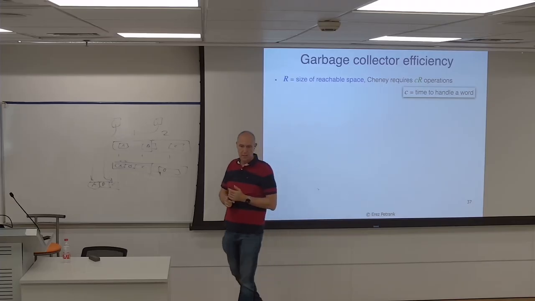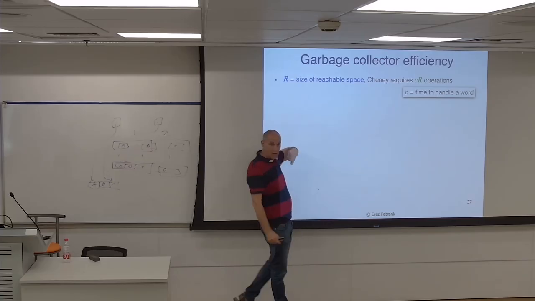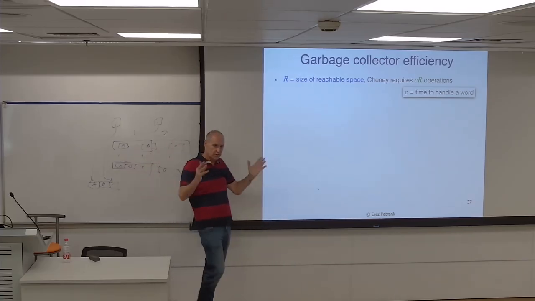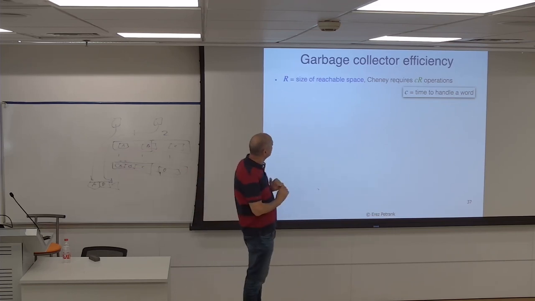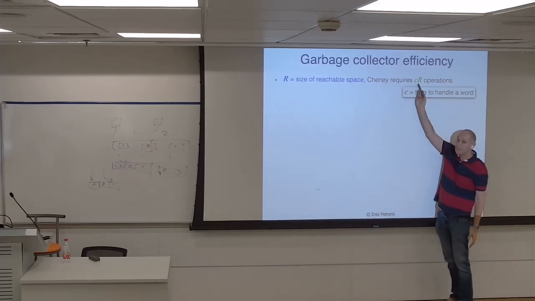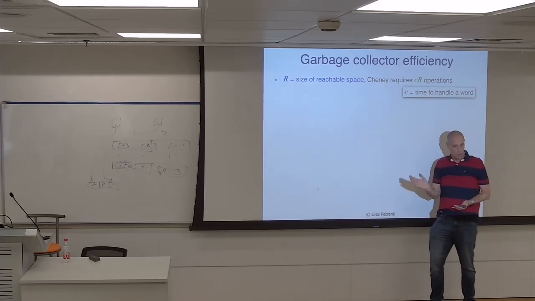There is a specific space that the program uses. Let's call it R. There is allocation, there is deallocation, but we have R words that are used. Now, when I do garbage collection, Cheney will take, let's call it, CR steps in doing the copying.